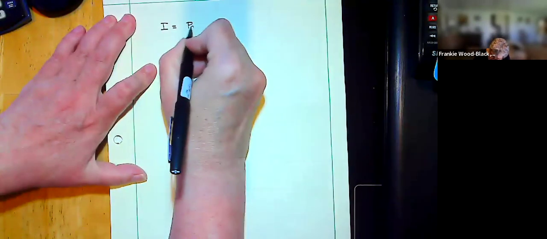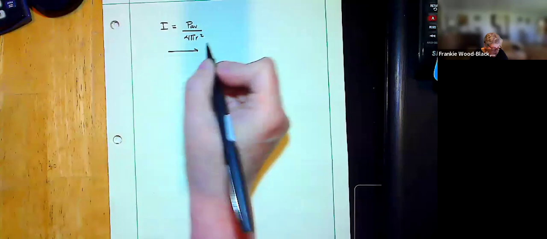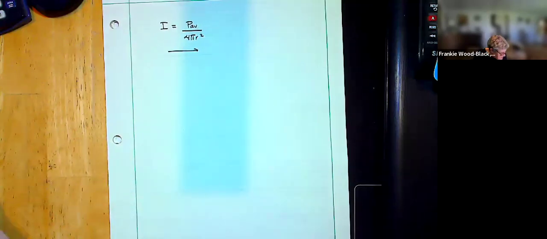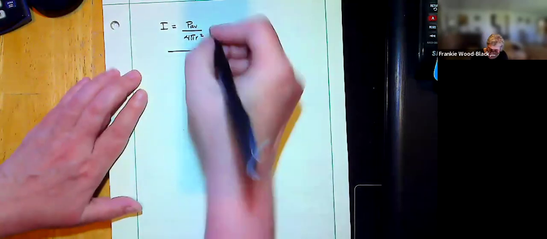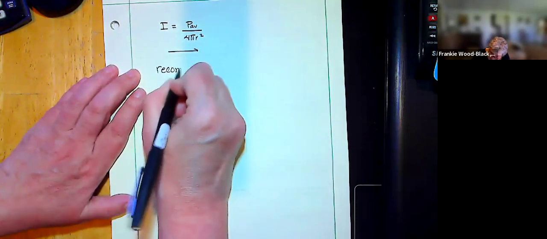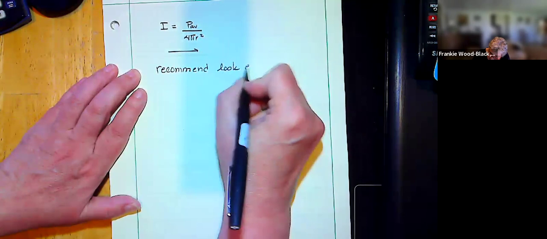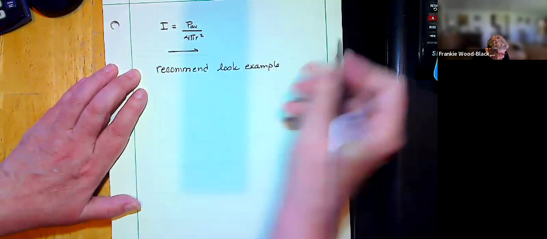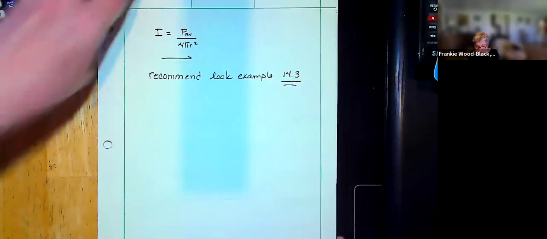So we can look at, again, our intensity is going to equal our average power over 4 pi r squared. So we can actually do comparisons of our sound, and you are going to do this and look at that particular aspect as part of your lab. I recommend looking at example 14.3, because that will help you with your laboratory.